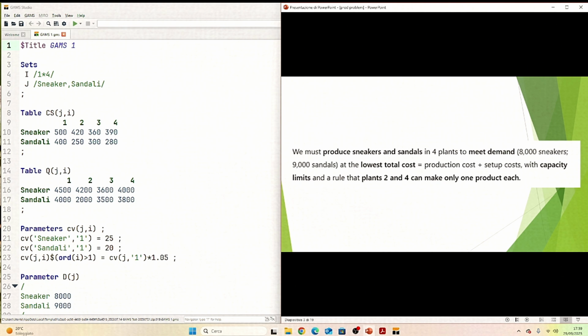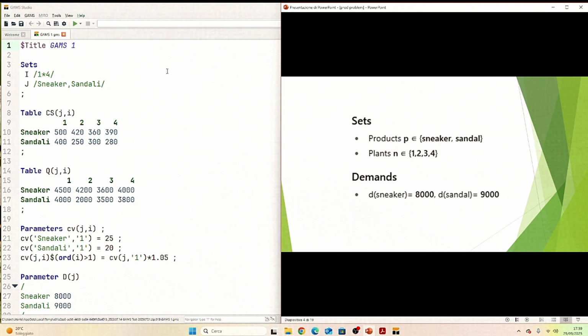These are the numbers, and we have 2 products and 4 plants. Each product-plant pair has a capacity, a setup fee if we decide to make that product there, and a unit cost per pair produced.